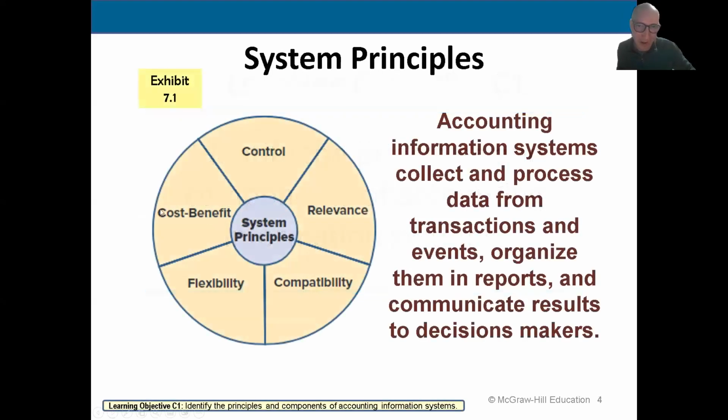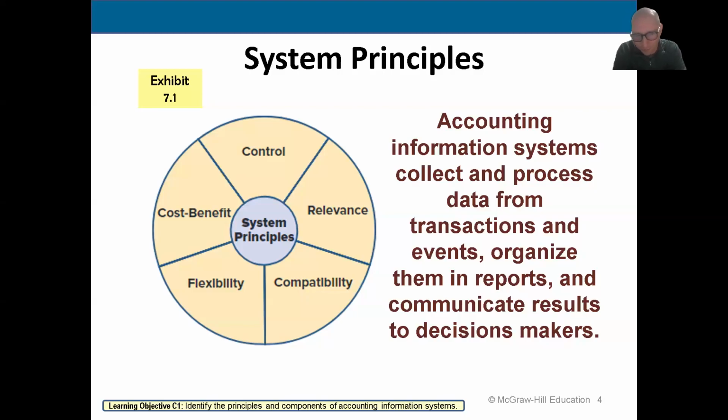Let's talk about accounting information systems. As I mentioned before, it's really a way that we track and collect all the information in one place. Typically, we use software for this purpose, especially in today's modern age.